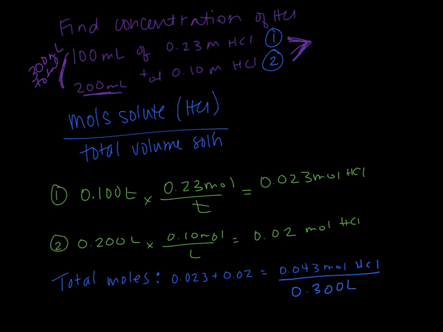So 0.043 divided by 0.3 comes out to 0.1433. So my new molarity is 0.143 molar. That's my new molarity of the solution, which is right in between 0.23 and 0.1. It's a little closer to the 0.1.